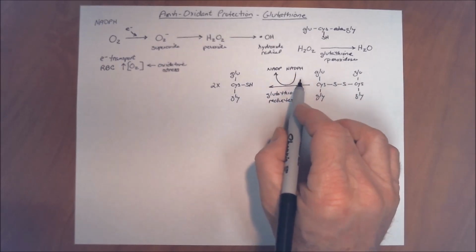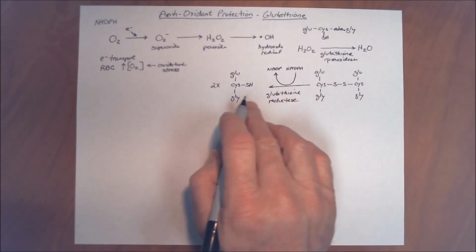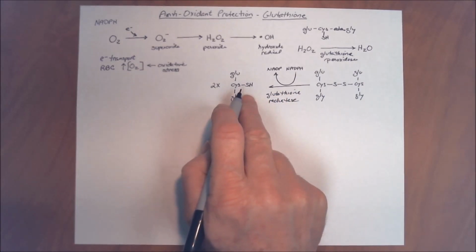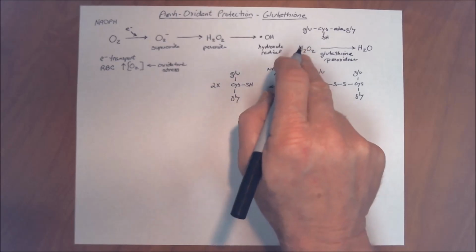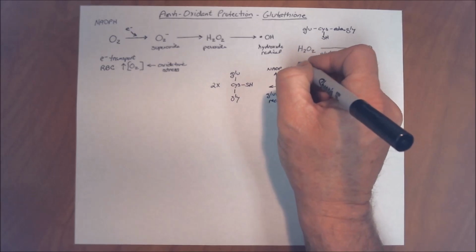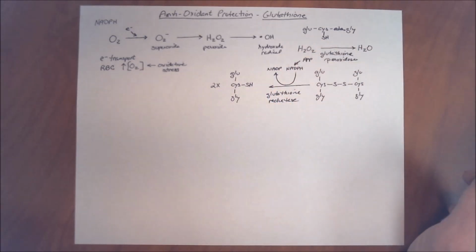So NADPH will be providing the electrons in order to reduce the glutathione by glutathione reductase to regenerate free glutathione that can now participate in additional reactions to neutralize peroxide and hydroxide radicals. The NADPH, of course, is generated from the pentose phosphate pathway.